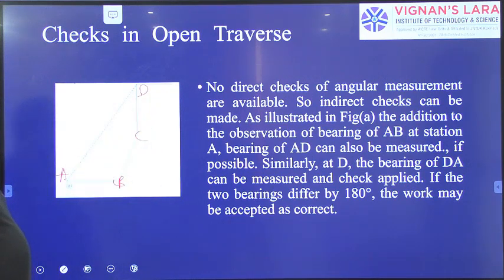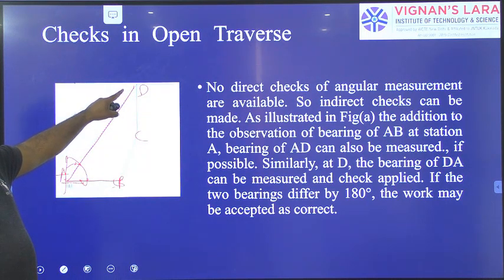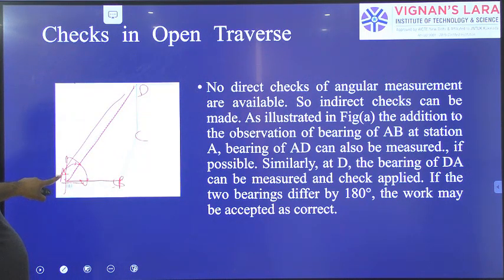In addition to observation of the bearing AB at station A, the bearing AD can also be measured. So instead of measuring only this bearing, you can measure the bearing towards AD, if possible. Similarly, at D, the bearing of DA can be measured and the check applied if the two bearings differ by 180.